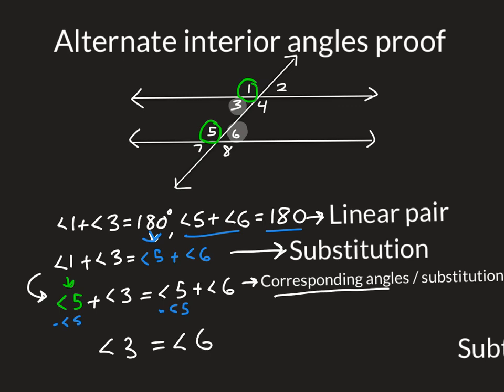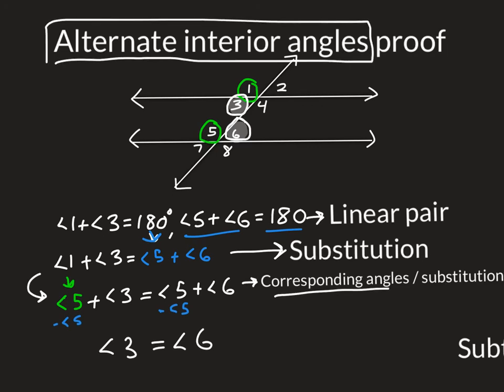And wait a second, isn't that what I was trying to prove? That angle 3 and angle 6 are congruent, because angle 3 and angle 6 are alternate interior angles. How did I get there? I used subtraction. By subtracting the angle 5, I've shown that angle 3 and angle 6 are congruent, and angle 3 and angle 6 are alternate interior angles, so I've completed this proof.